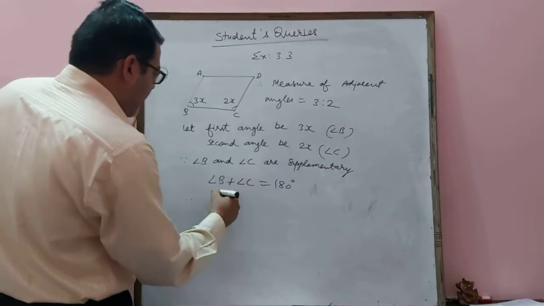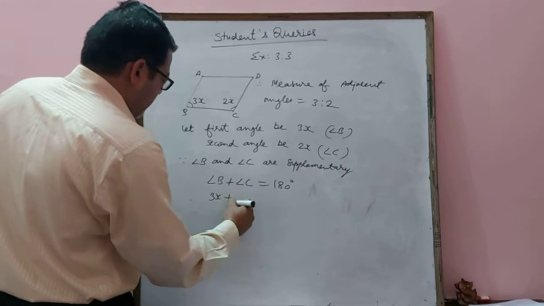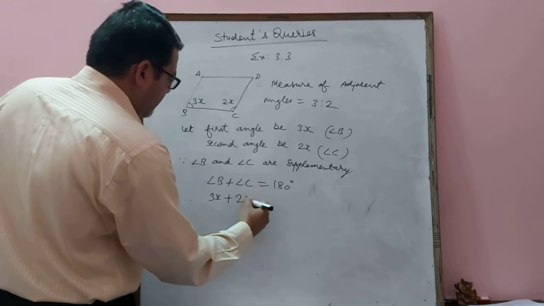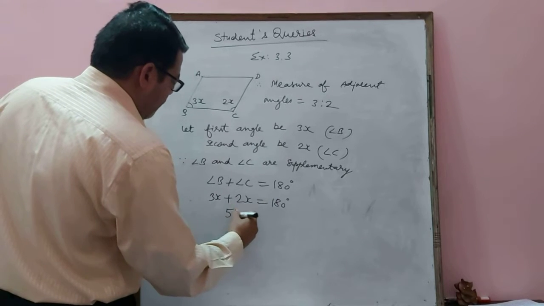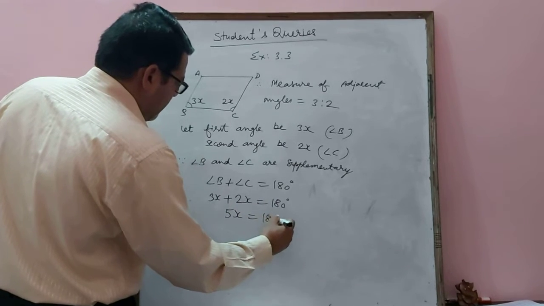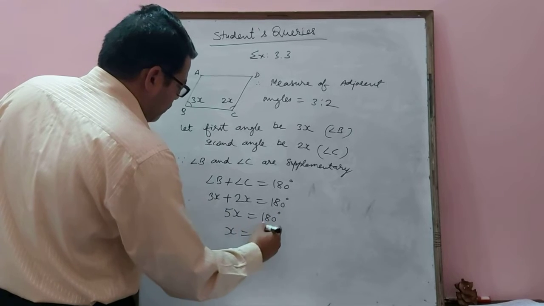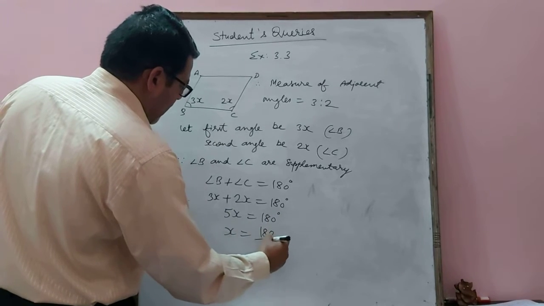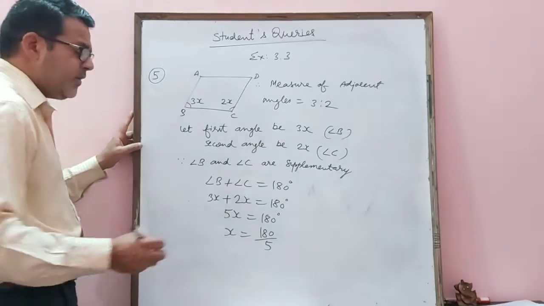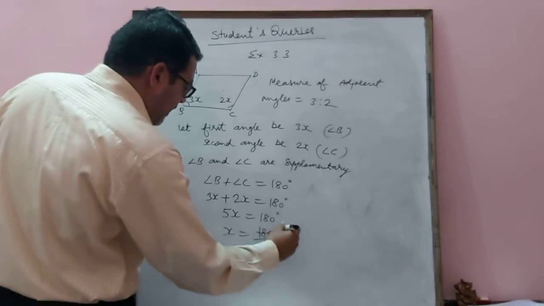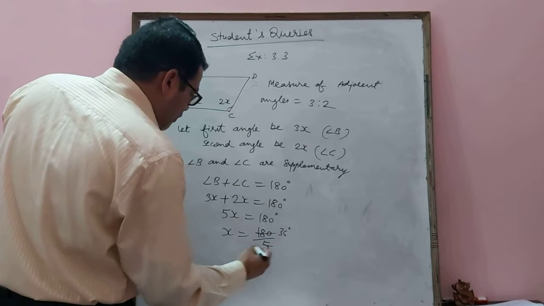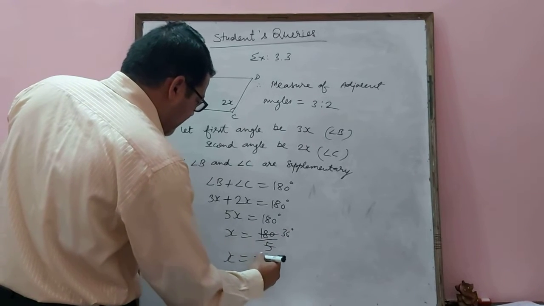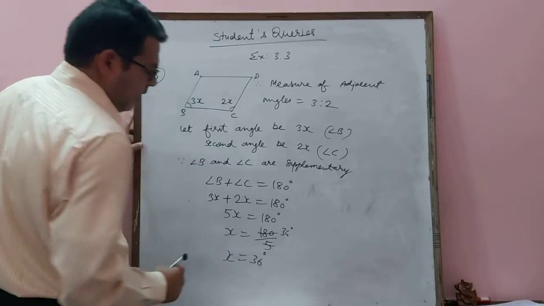Angle B is 3x, angle C is 2x and their sum is 180. So after adding, 5x equals 180 and x equals 180 by 5. So the value of x is 36 degrees.